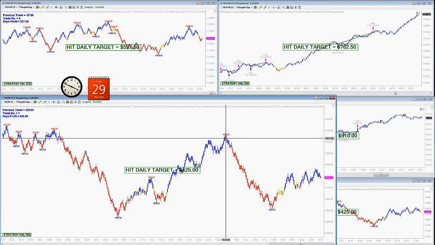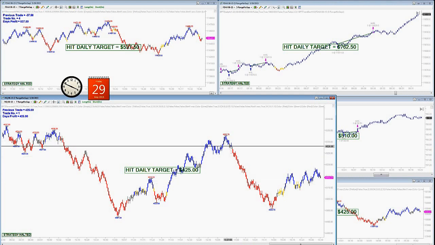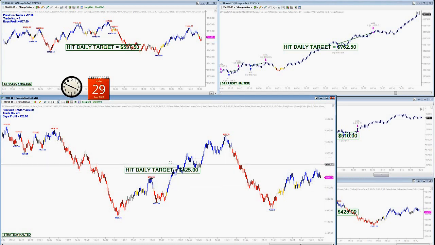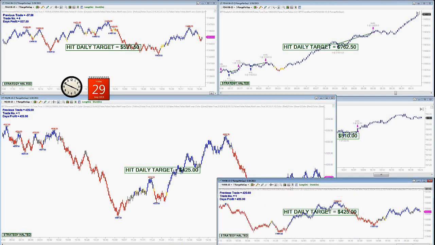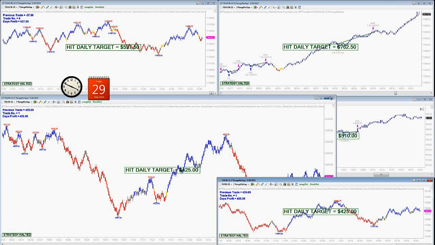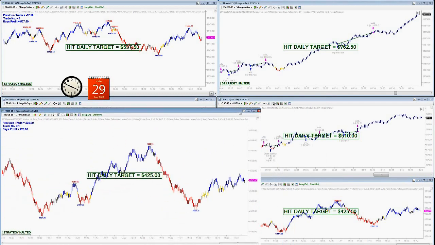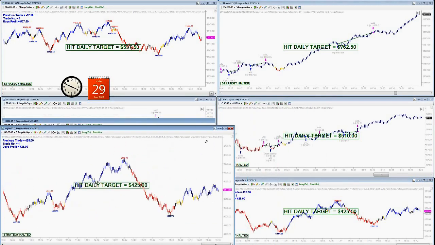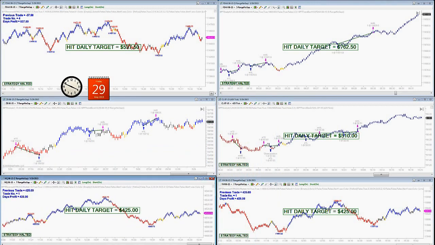On the Nasdaq and the Dow Jones on a 7 range, I took one trade, and we were done from one trade, and it's a 425. This is lovely. Compared to the amount you're investing, this is absolutely superb. Those are the days when you really enjoy the auto trade.